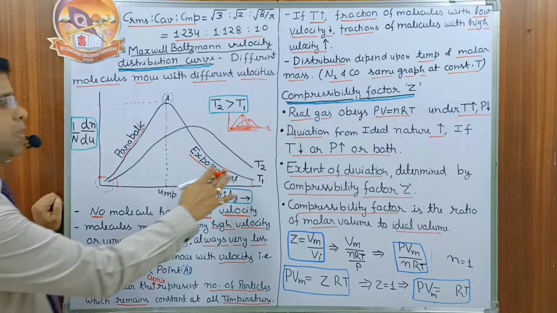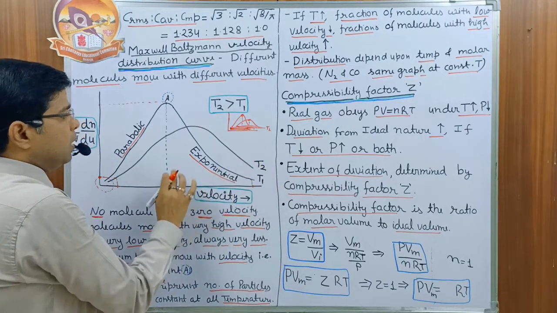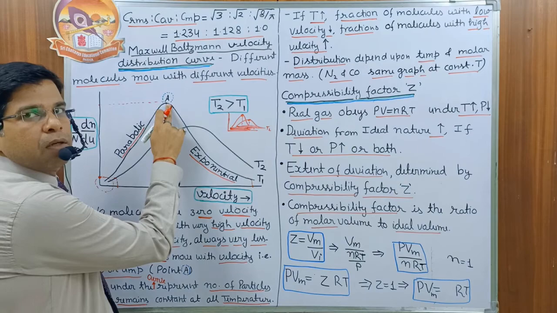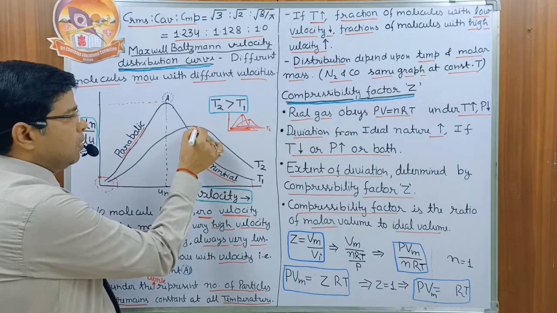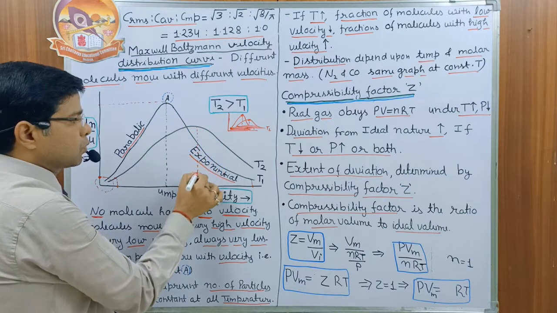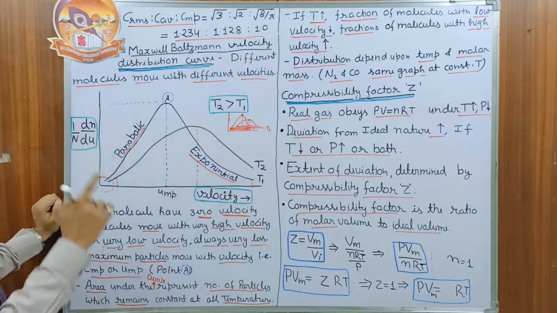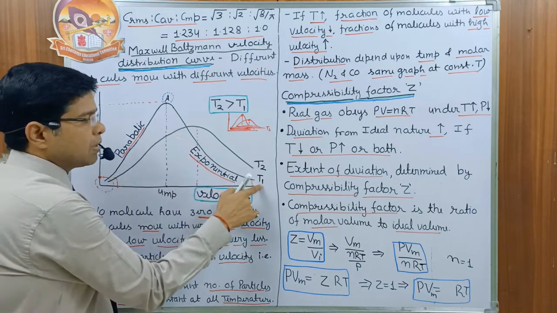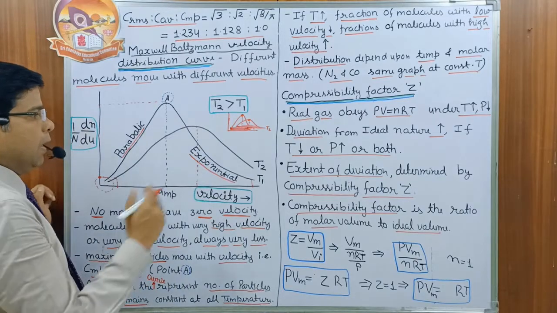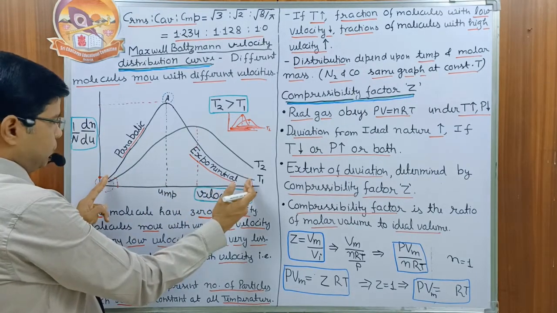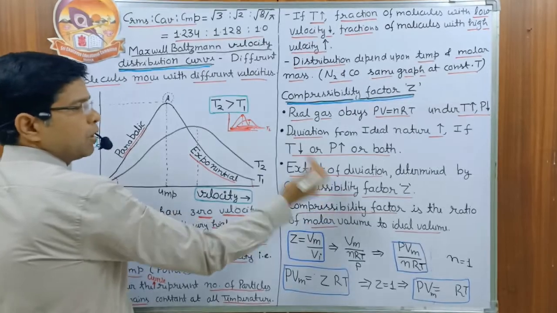If I ask which one is higher, you see at T1 we have the maximum peak, and at T2 the peak is less. So T1 has to be the lower and T2 has to be the higher. At T1 this is the range, but at T2 the range should be higher.